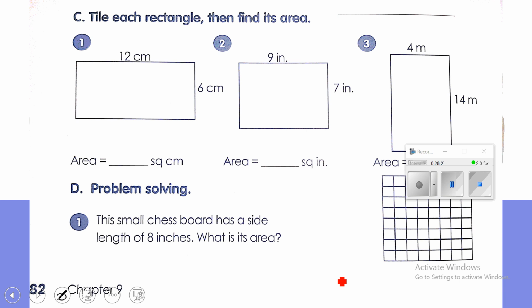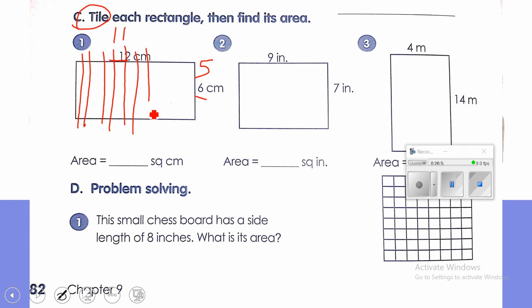So remember the rule for tiling: rows minus 1, columns minus 1. Here the columns are 12. How many lines do I draw? 11. Here the rows are 6. How many? 5. So I will draw 11 lines: 1, 2, 3, 4, 5, 6, 7, 8, 9, 10, 11.